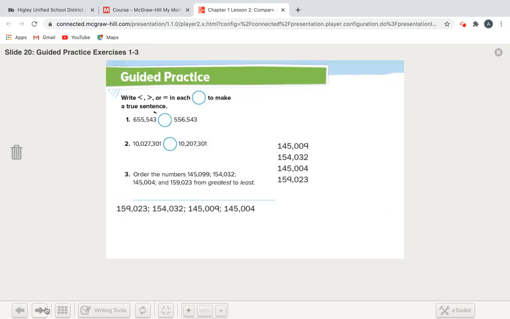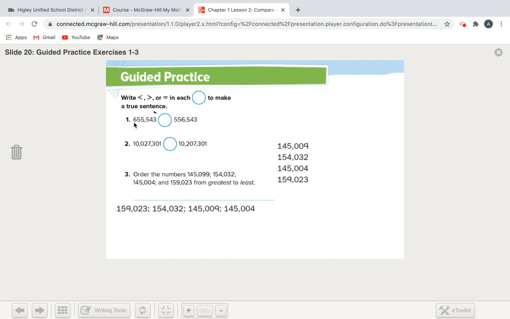So this is our guided practice. What we have here is comparing two numbers. So we're either going to use the symbol less than, greater than, or equal to decide which one is true. When you're just comparing two numbers, you might not necessarily need to line them up, but you can just usually look.